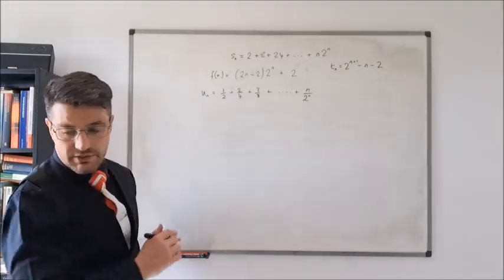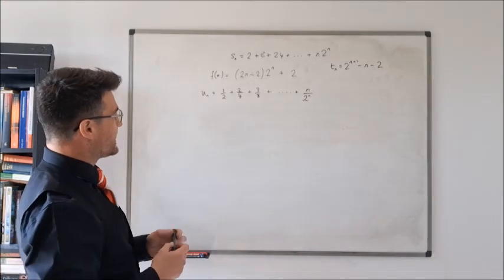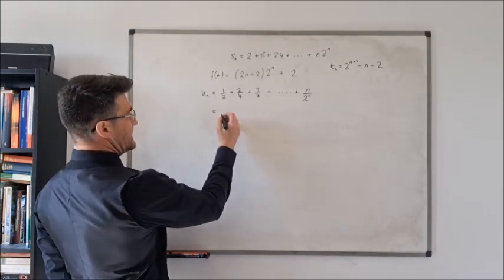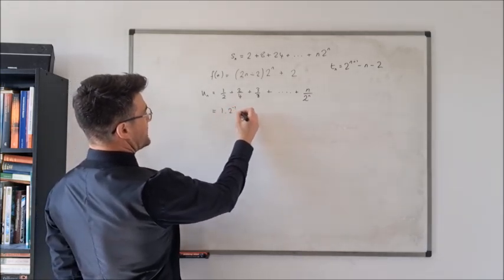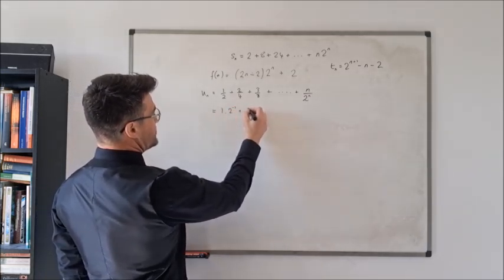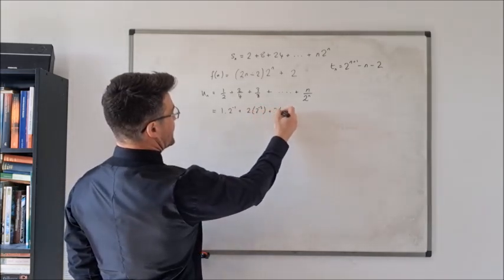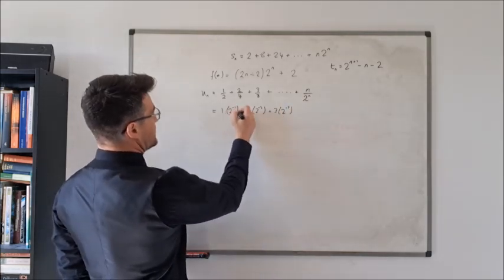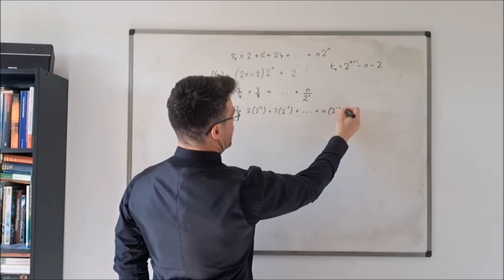So it took me a couple of minutes of thinking about what I wanted to do here. The first thing that I did was to write this as the following: 1 times 2 to the power of minus 1, plus 2 times 2 to the power of minus 2, plus 3 times 2 to the power of minus 3, plus up to n times 2 to the power of minus n.